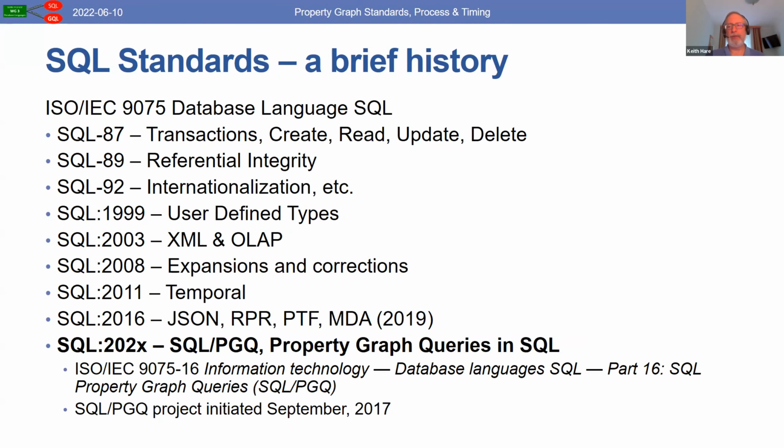Brief history of the standard. We've had a lot of versions. We're currently finishing up a new version of multiple parts of the SQL standard, including a new part called SQL PGQ, Property Graph Queries in SQL.